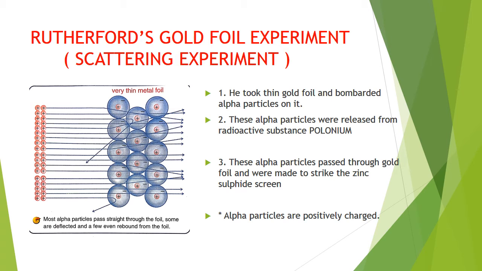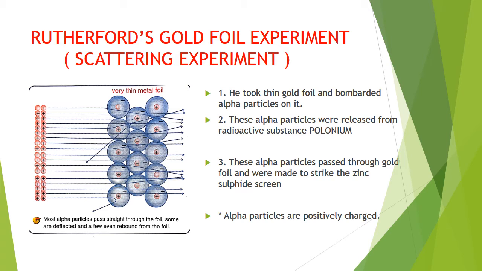These alpha particles were released from a radioactive substance called polonium. Then these alpha particles were made to pass through gold foil and were made to strike the zinc sulfide screen for detection. You need to keep it in your mind that alpha particles are positively charged.